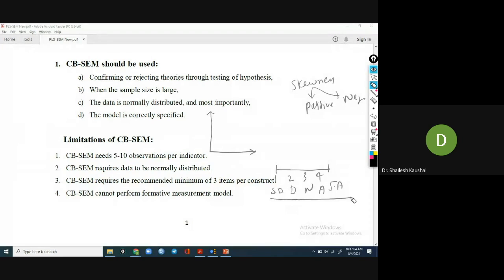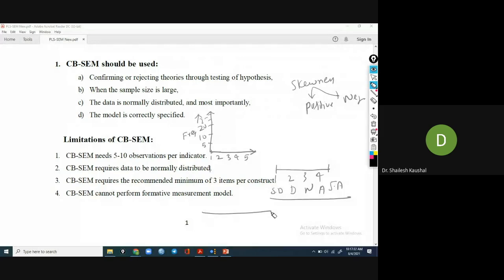So these are the options 1, 2, 3, 4, and 5, and on the Y axis are the frequencies, like 5, 10, 20, 25, and 30. If in our questionnaire maximum people are taking 1, 2, 1, 2, sometimes it's a trend.